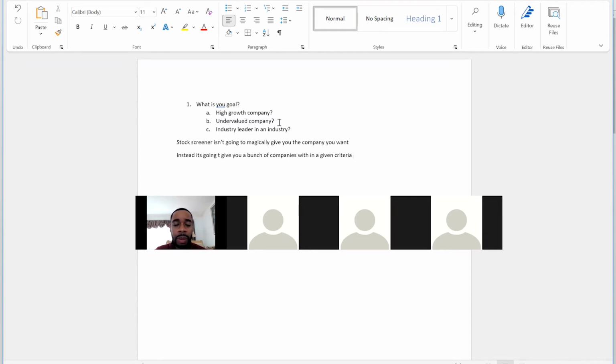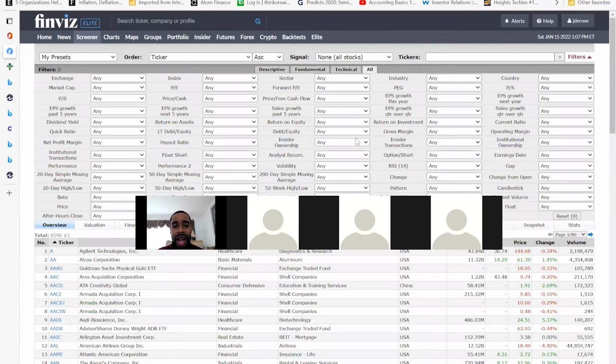You have to have an objective in mind, because a stock screen is going to give you 30, 50, or 100 companies to look at, and you still have to go through each individual company to find the actual company or companies you want to invest in. So I just want you guys to operate from that mindset.